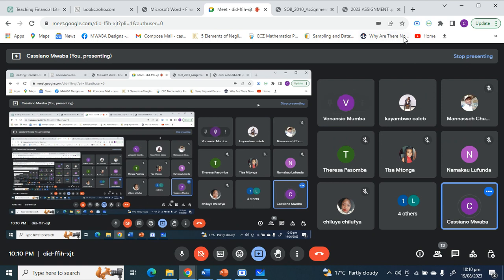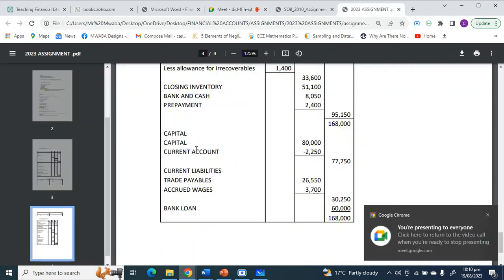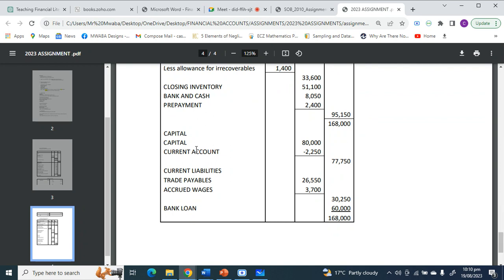You can just put the word less, whichever you're comfortable with. He was asking why I put a negative here instead of brackets, so I said you can put either. So 80,000 minus 2,250, you get 77,750.